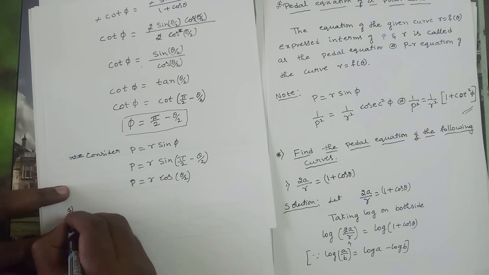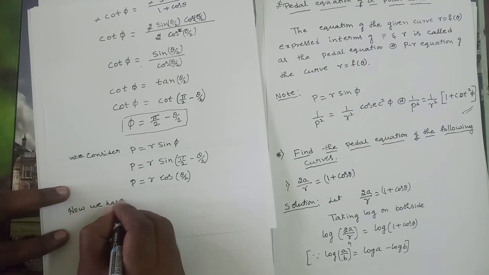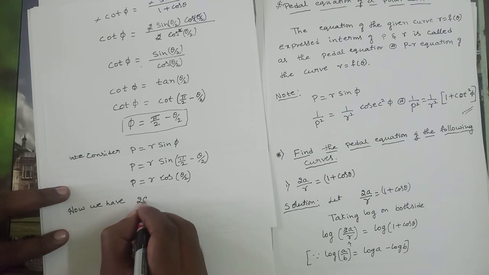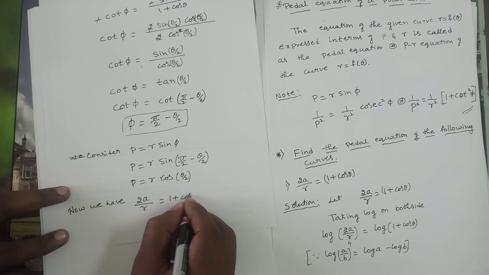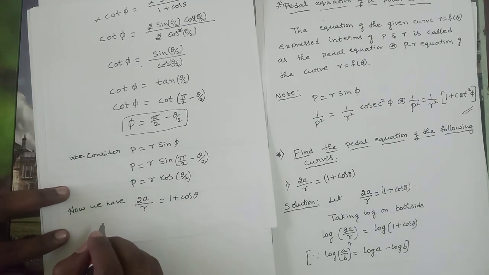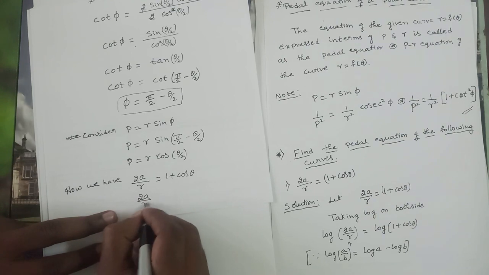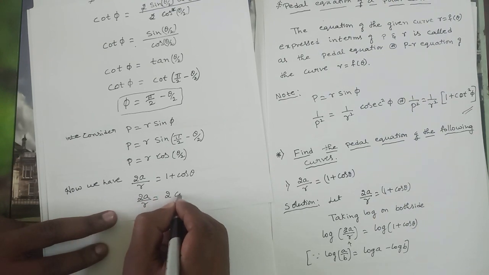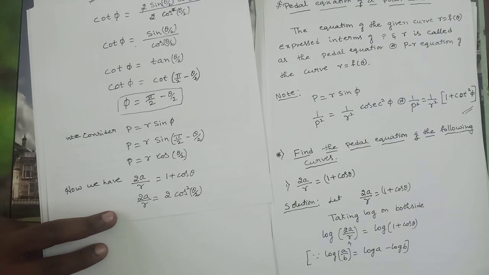Now we have an equation. What do you get? 2a by r equals 1 plus cos theta. So this can be written as 2a by r equals 2 cos square theta by 2.